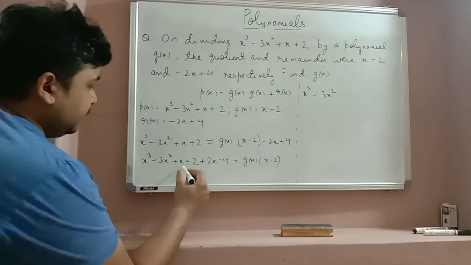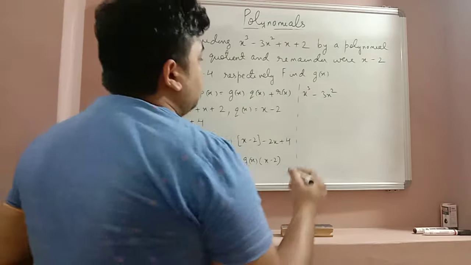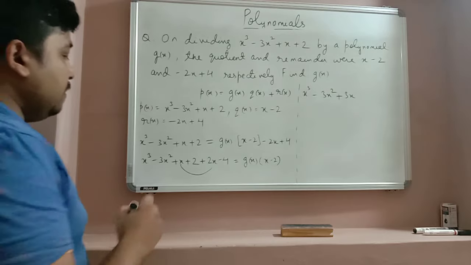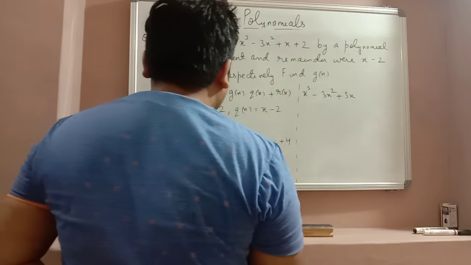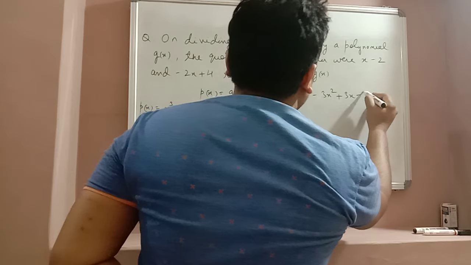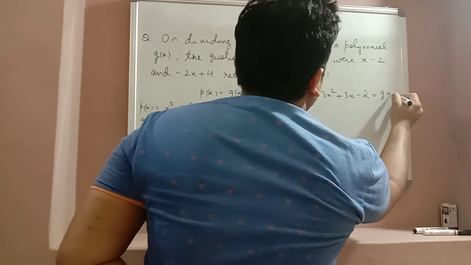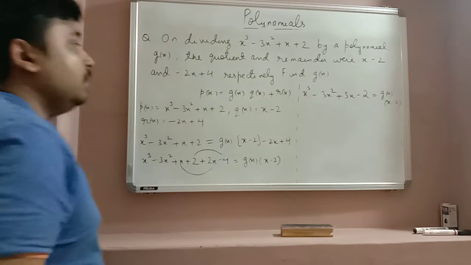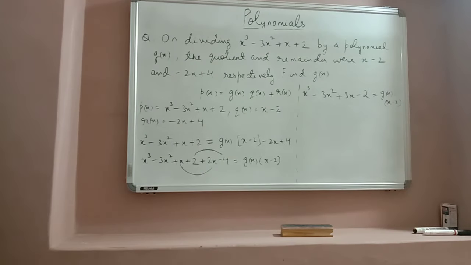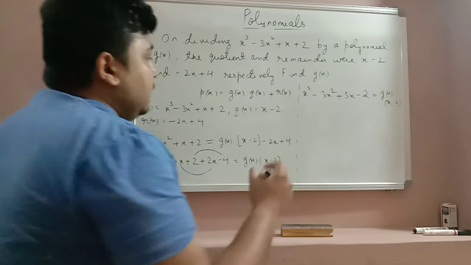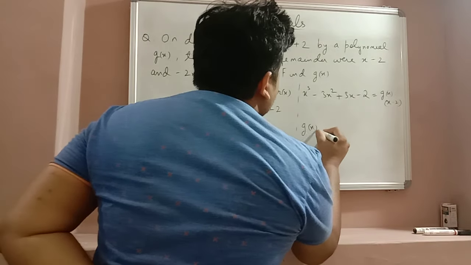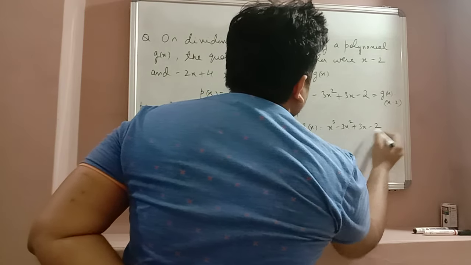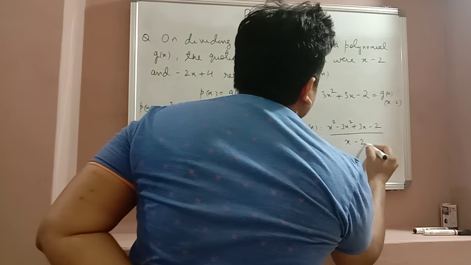Now these two are like terms, so 2x plus x, this will turn out to be 3x plus 3x, minus 4 plus 2, again these two are like terms, so minus 2 equals to g of x into x minus 2. Now we can simply say that g of x is equals to x cube minus 3x square plus 3x minus 2 divided by x minus 2.